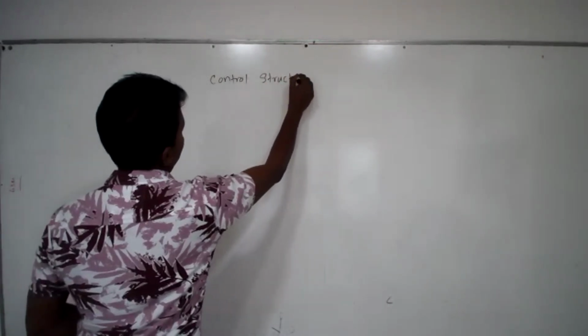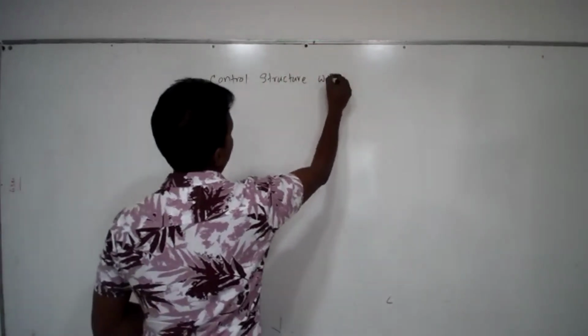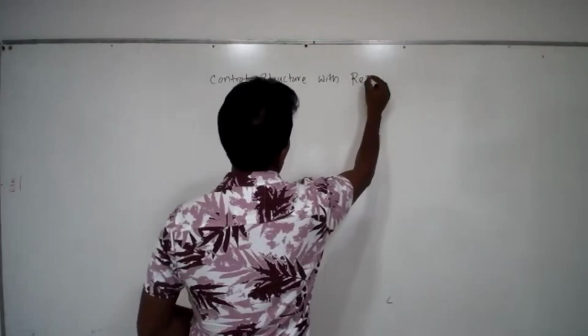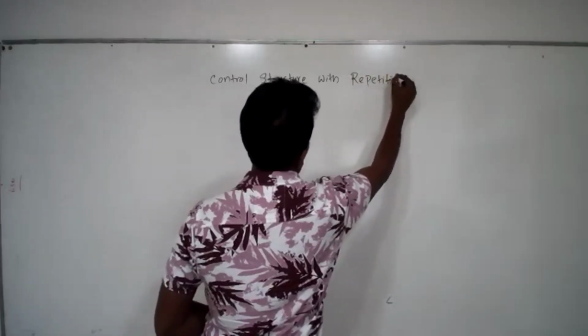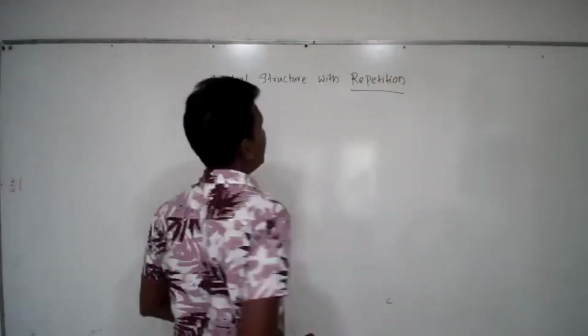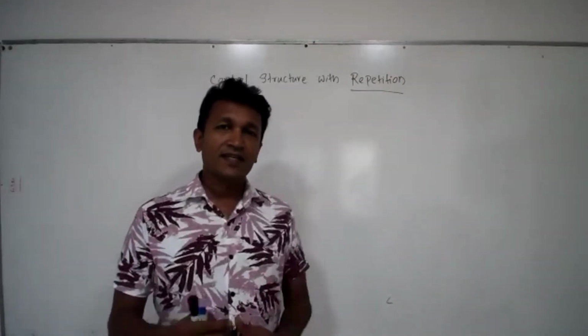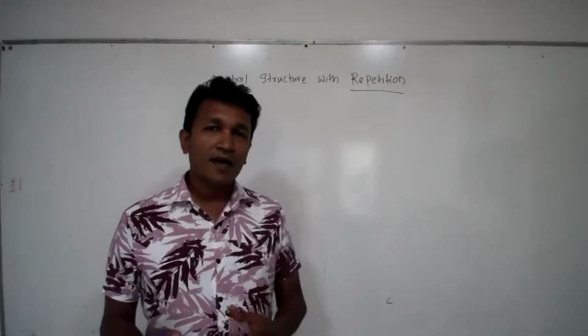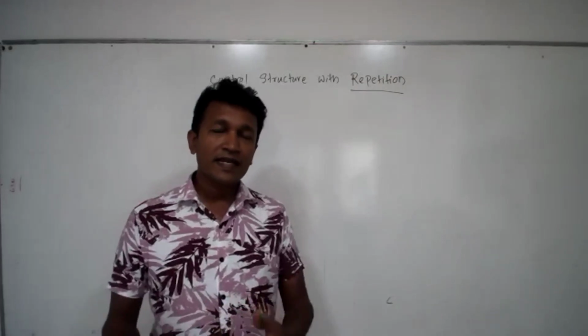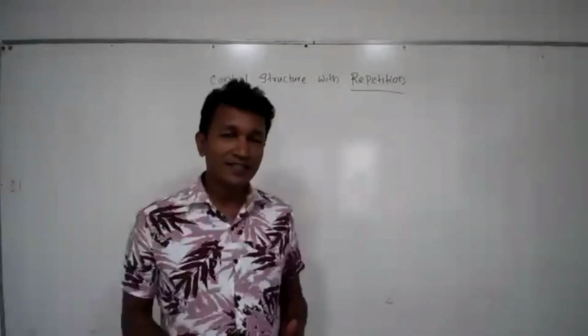Control structure with repetition. So what is the meaning of repetition? Some steps are done again and again. That means repetition.